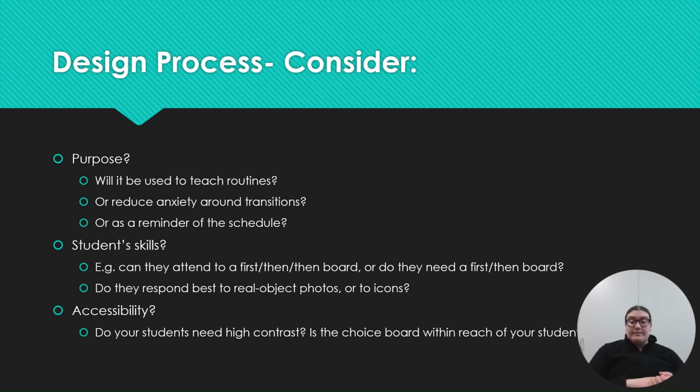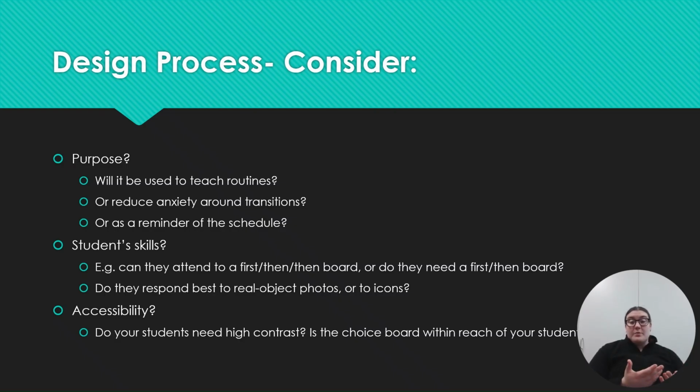Also considering a student's skills. For example, can they attend to a full visual schedule, or do they need a first then board? Can they only attend to those two immediate items? Do they respond best to real objects or photos or icons?